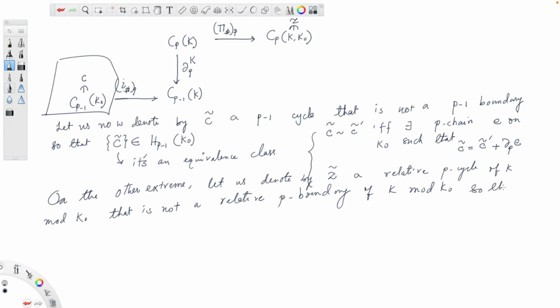So that here as well, the class of Z tilde is in the pth relative homology group of K mod K0.